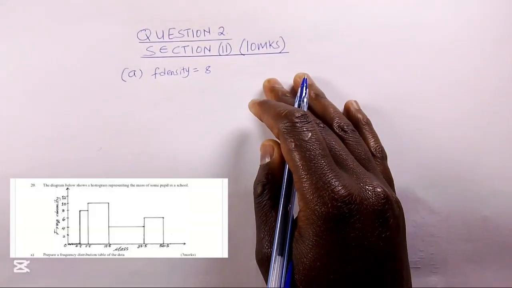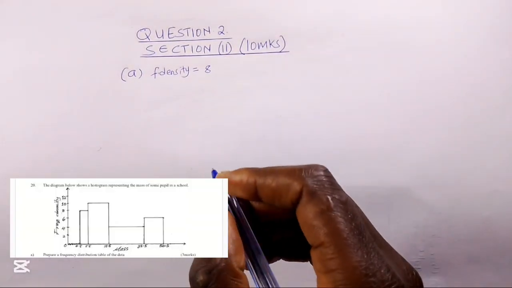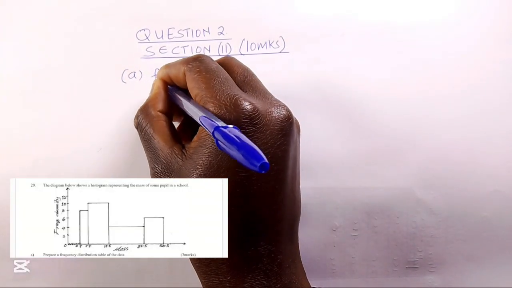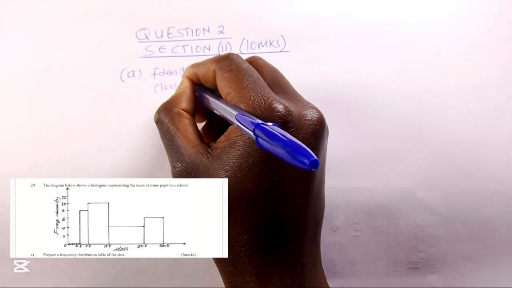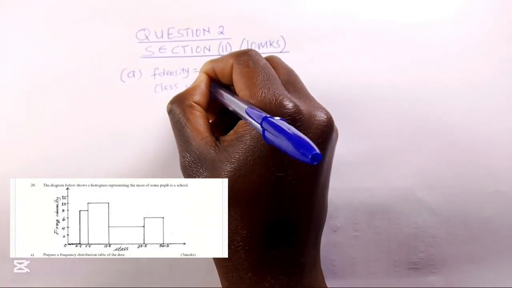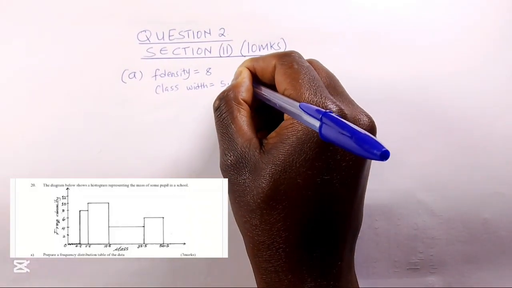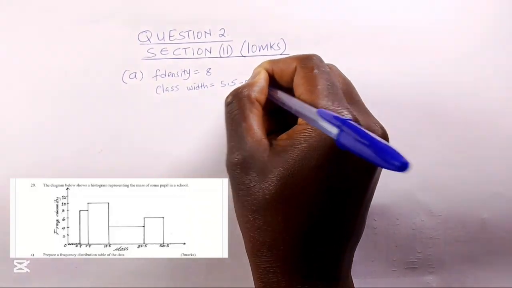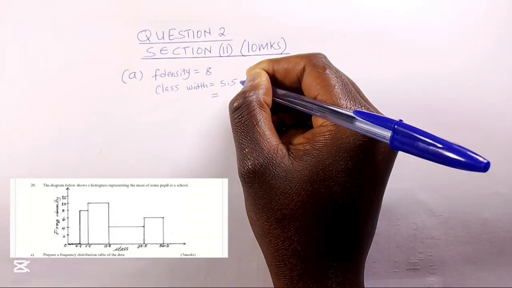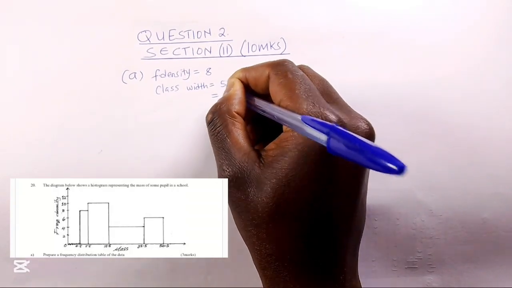And the class width is equal to 5.5 minus 0.5, which is equal to 5.